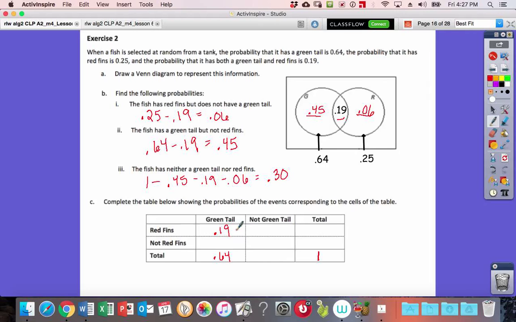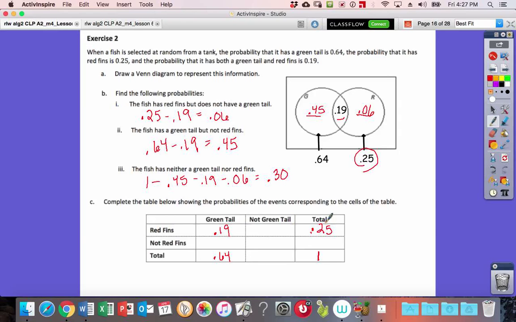Okay, then what else do we know? Let's see, what else do we know here? We know the 0.64. Where would that 0.25 go? Isn't it, if it has a green tail, not a green tail, that the total would have to be right here with everybody with a red fin. Everybody with a red fin is 0.25.